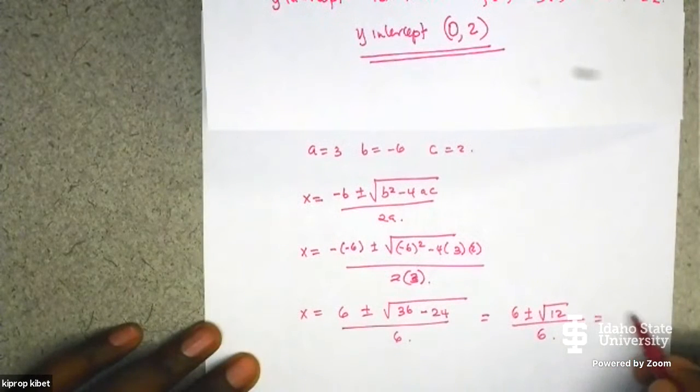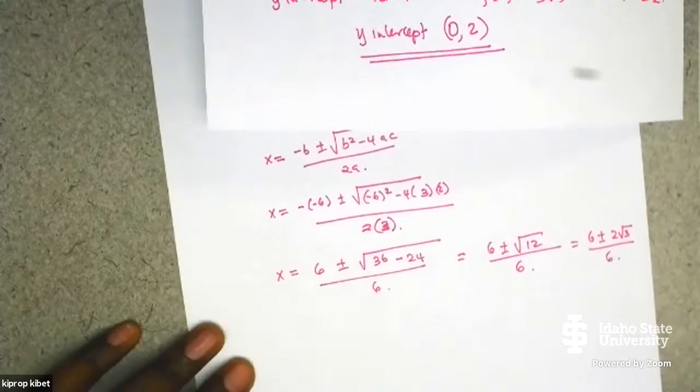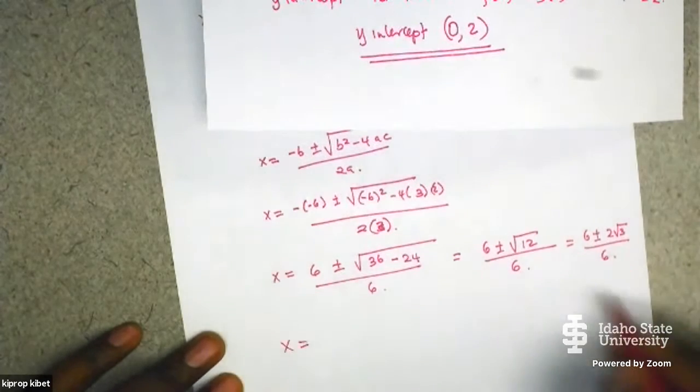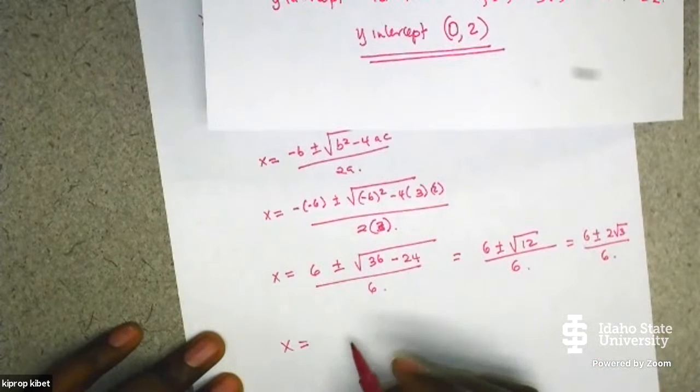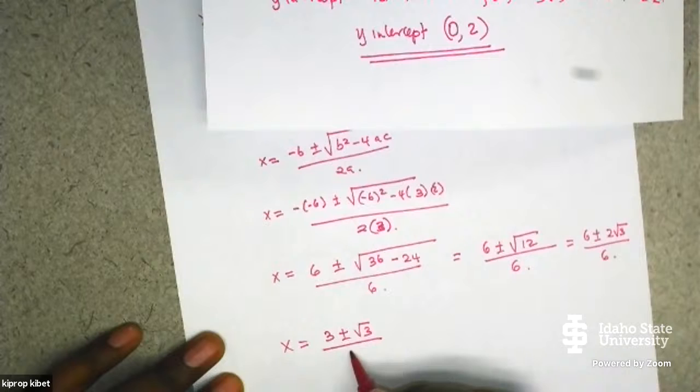And this is equal to 6 plus or minus 2 square root of 3 over 6. Right? And our x equals, so you can factor out 2. So it will be 3 plus or minus the square root of 3 all over what?